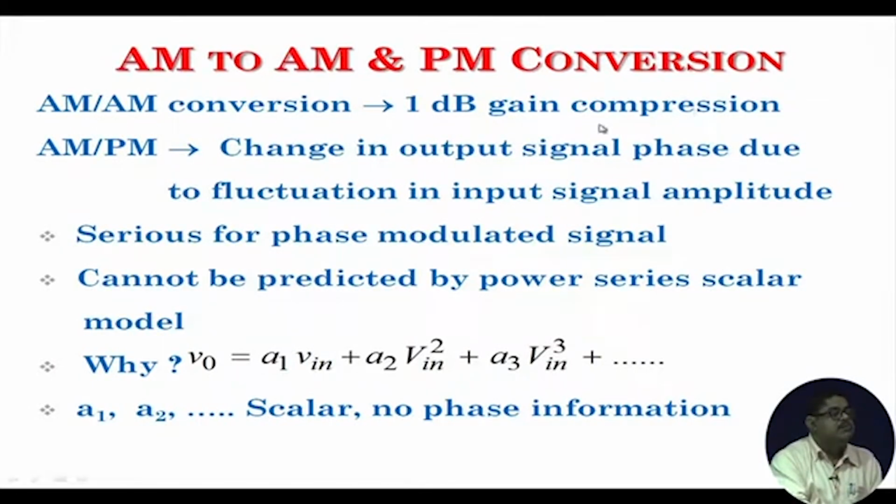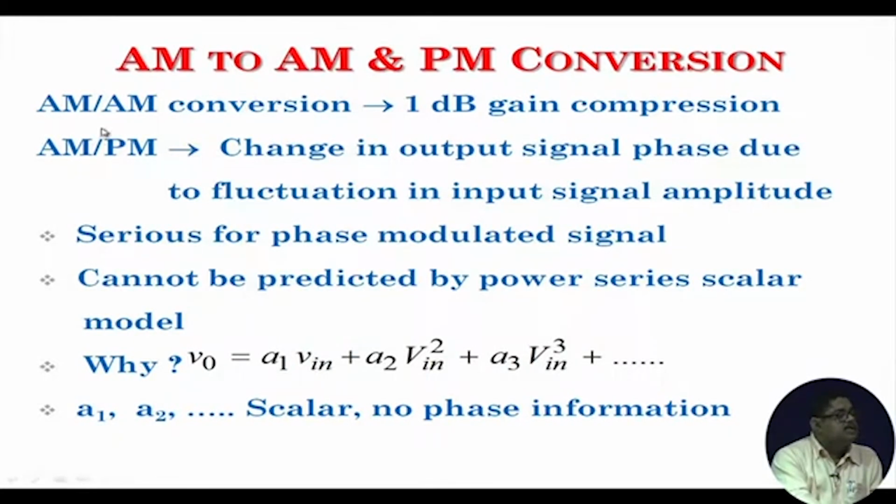That is why we get 1 dB gain compression, because you see what was the input side amplitude modulation, due to nonlinearity we have seen that the gain gets changed. If you consider the third order intercept point, your gain gets changed, and that is why that characterization, this AM to AM conversion, is 1 dB gain compression.